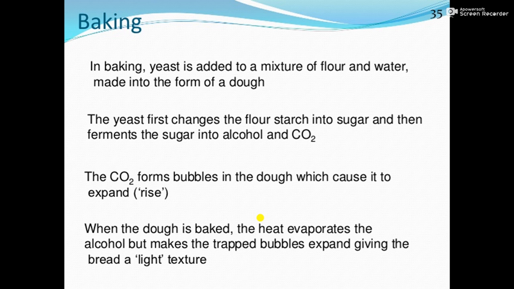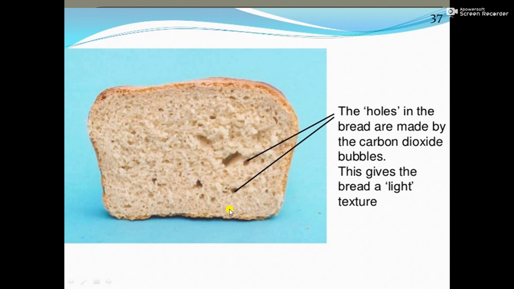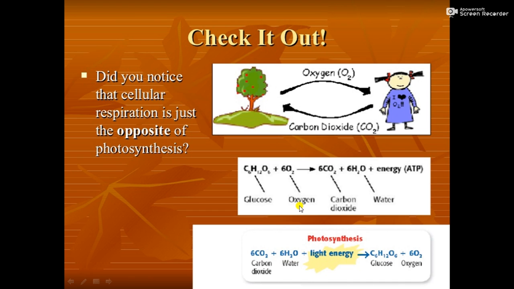When the dough is baked, the heat evaporates the alcohol but makes the trapped bubbles expand, giving the bread a light texture. Here we can see the holes in the bread are made by the carbon dioxide bubbles that give the bread a light texture.